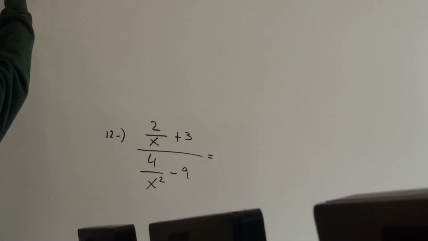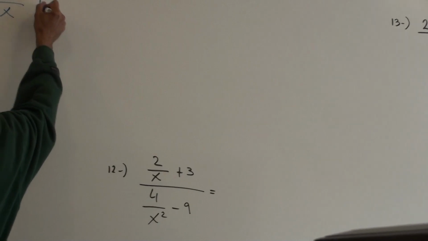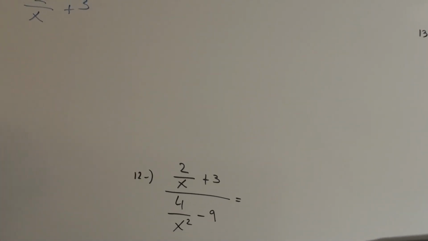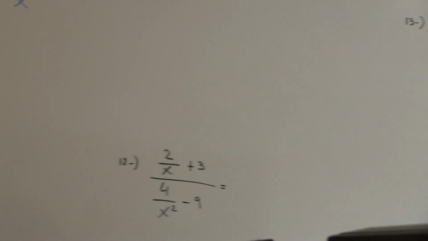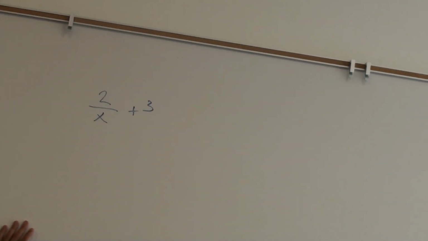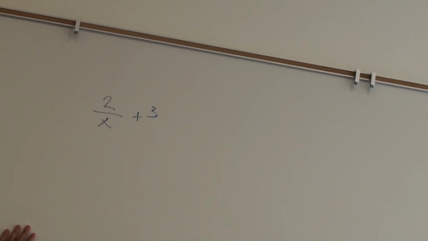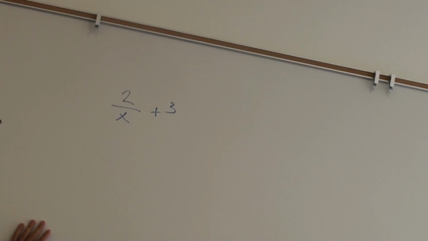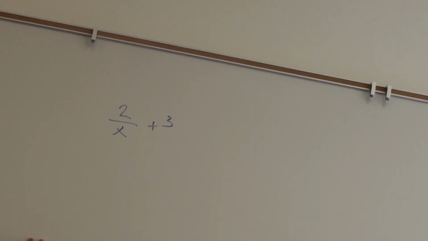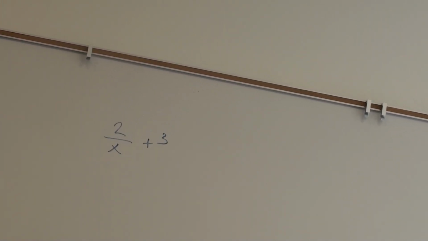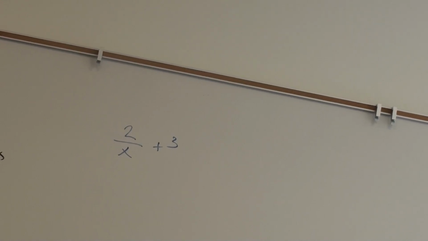Between 2x and 3, what is the common denominator here? Anybody? What is the common denominator? 1? Huh? 2?